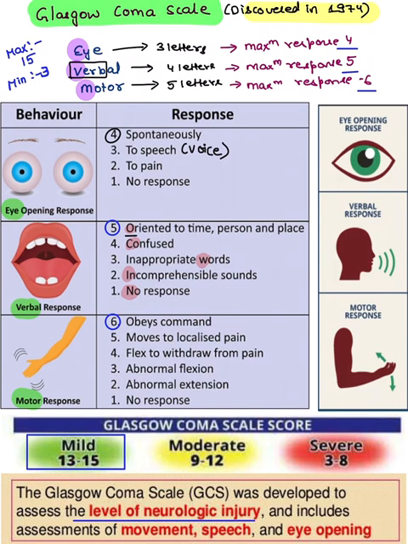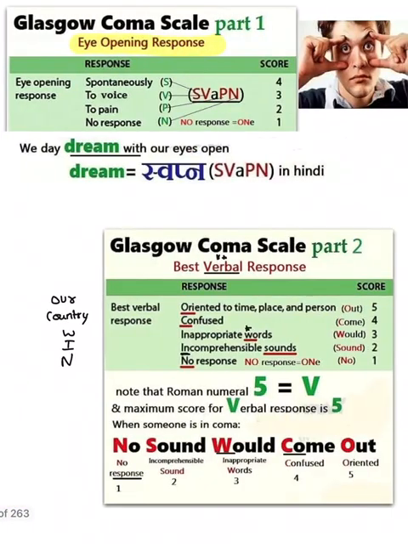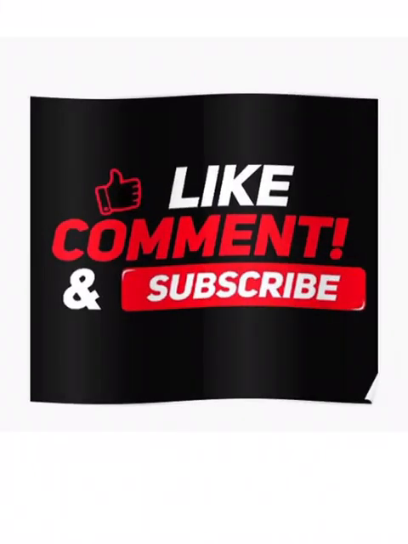And N means no response. This is the grading of the Glasgow Coma Scale. I think this helps you remember the mnemonics. We have 3 mnemonics: Sapna, Our Country Win, and the third is OLDBEN. Try practicing questions on this, and I think this will help you recall easily in your exam or your MCQ.